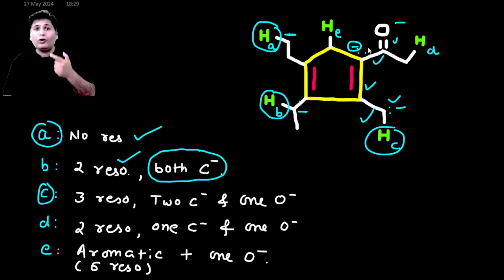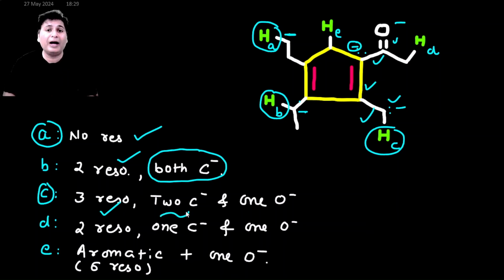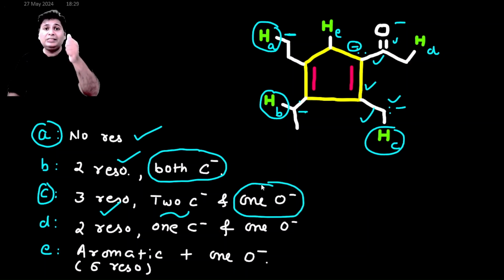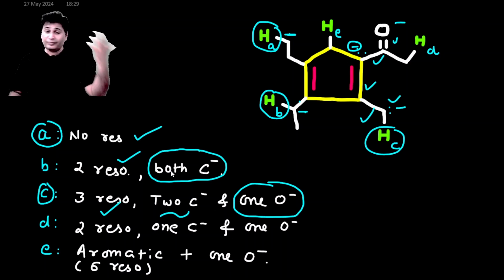So if you draw all these things, you will get 3 resonating structures, out of which 2 will have minus on carbon and 1 will have the minus on oxygen. That is the edge this C anion will have over A and B, because it has more number of resonance structures also, and one very prominent structure having minus charge on oxygen, a more powerful, more able atom.